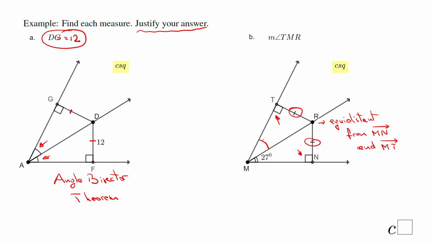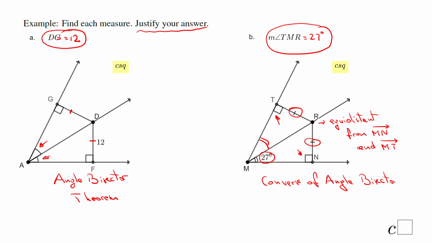So this angle here should be the same as this angle here, 27 degrees. And that is part B, and this is the converse of the angle bisector theorem. This is the justification.